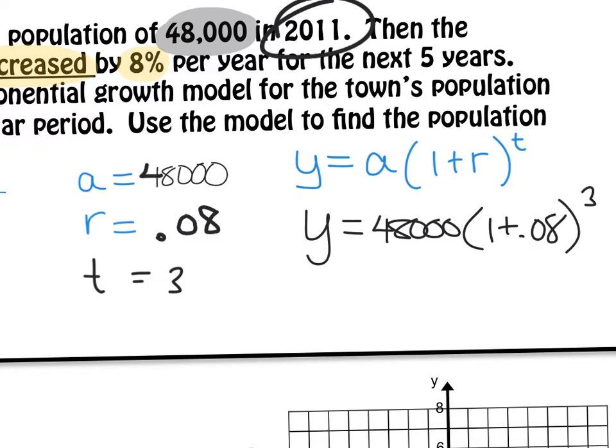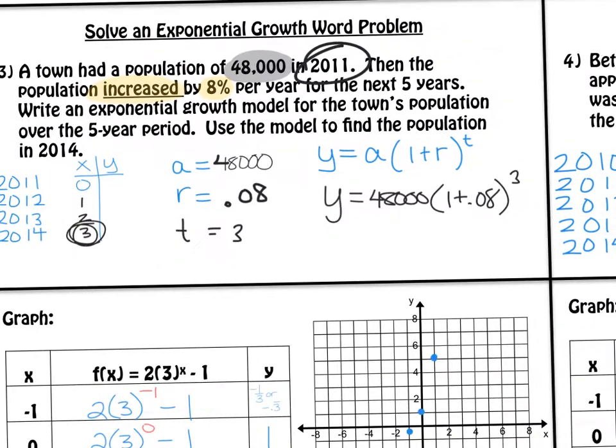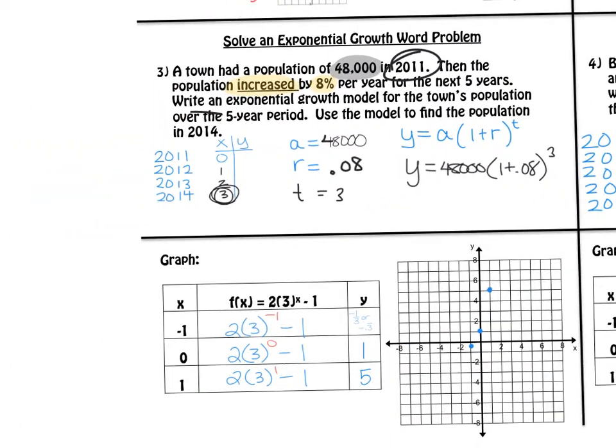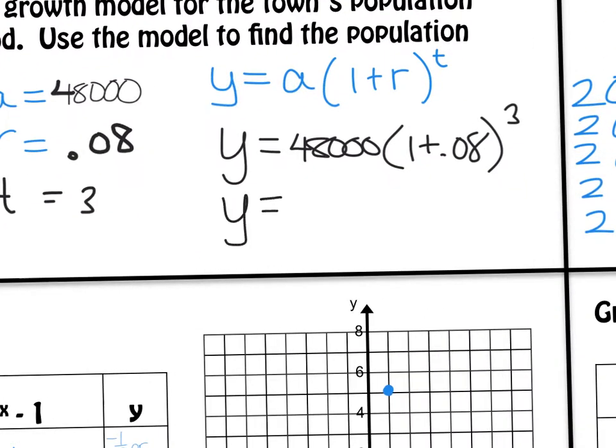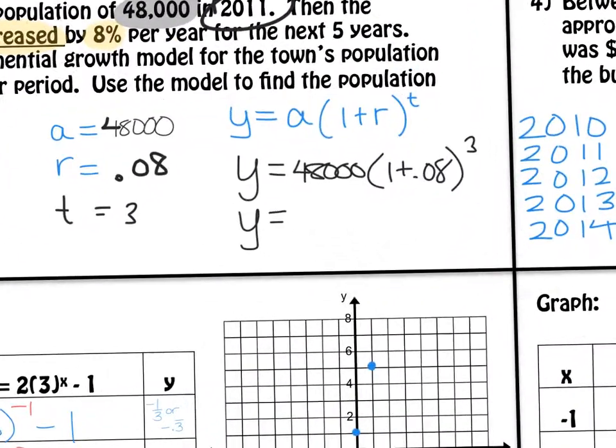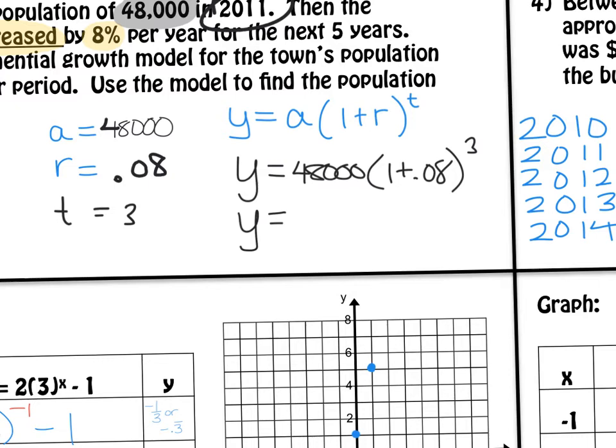Okay, so I'm plugging the 3 in so I can figure out the population of 2014, 3 years after 2011. So when I do that, I get 60,466. And that's my answer.